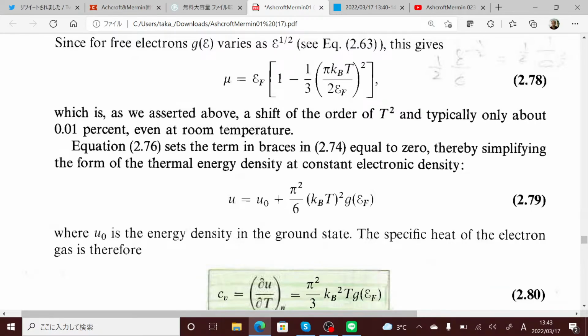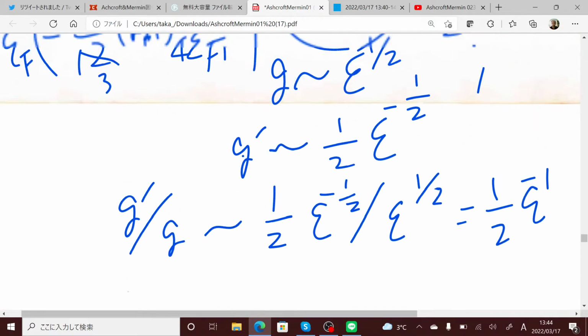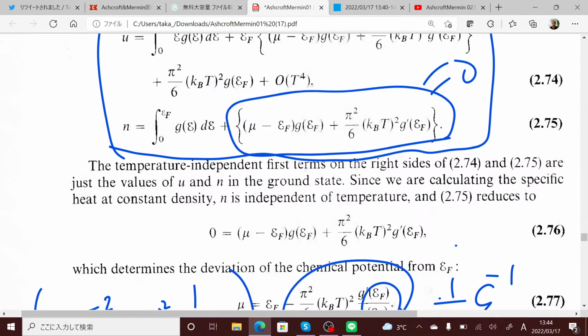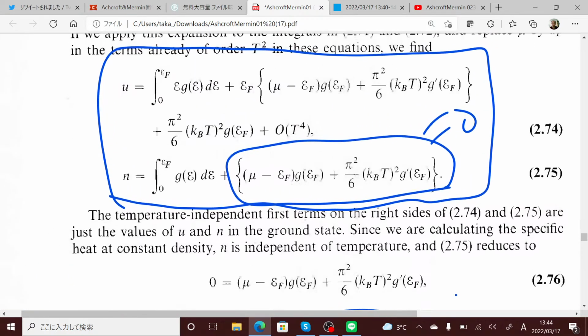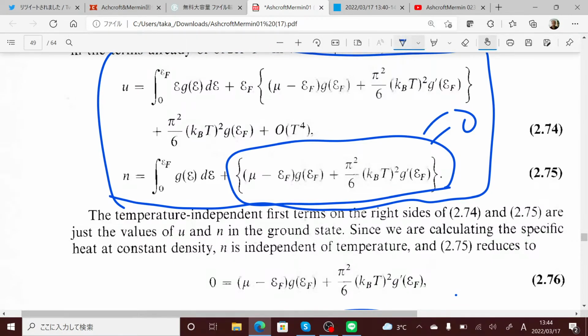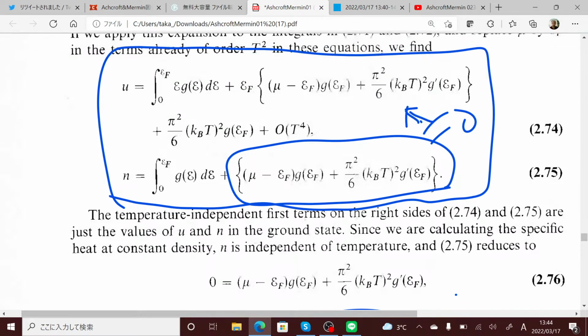Thereby simplifying the form of the thermal energy density at constant electronic density. So this is 0, and actually this is also 0. So this means this part is also 0.